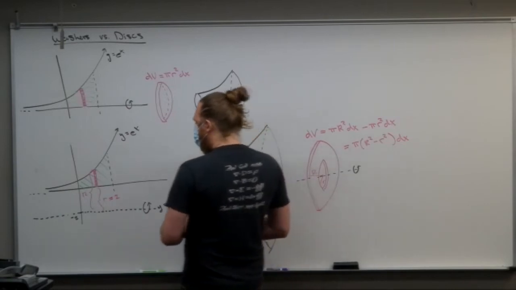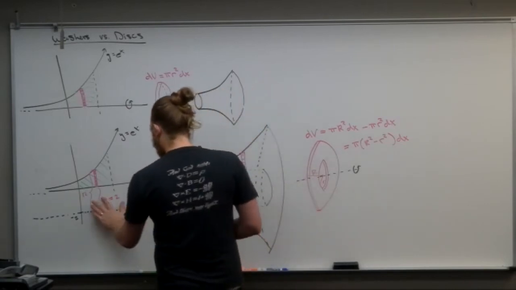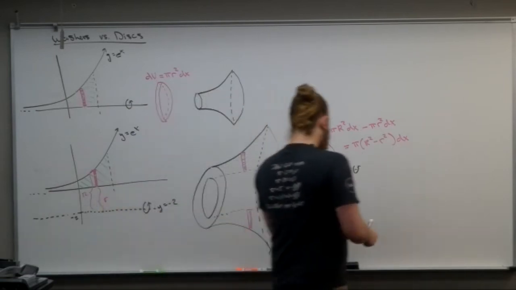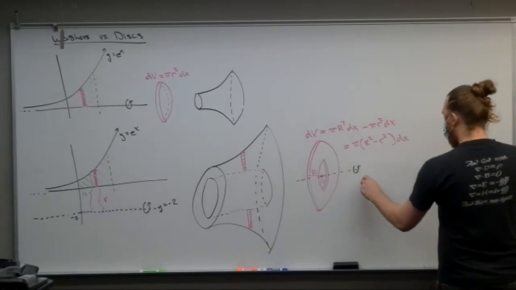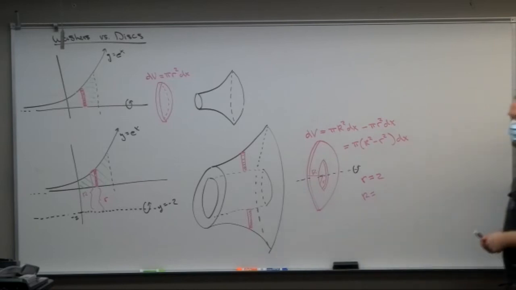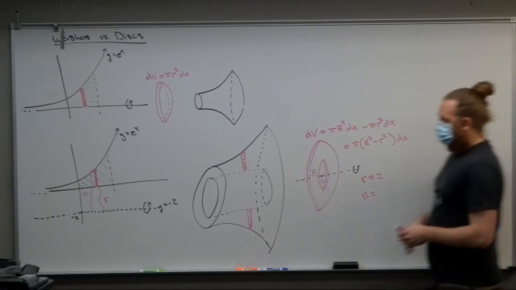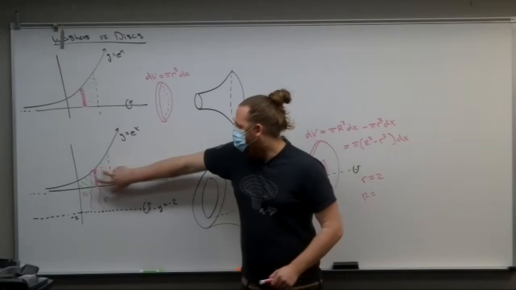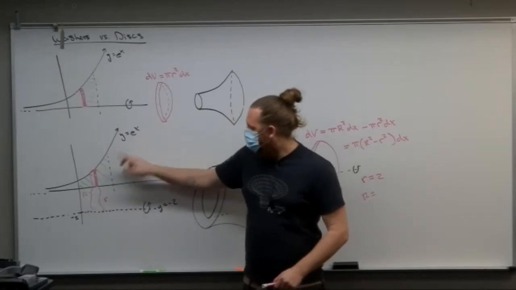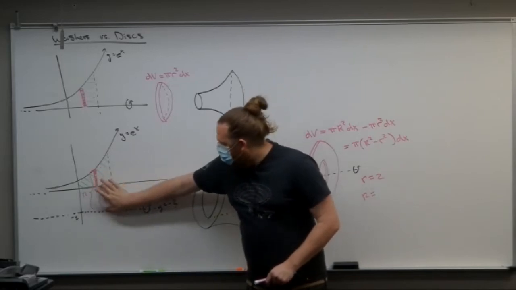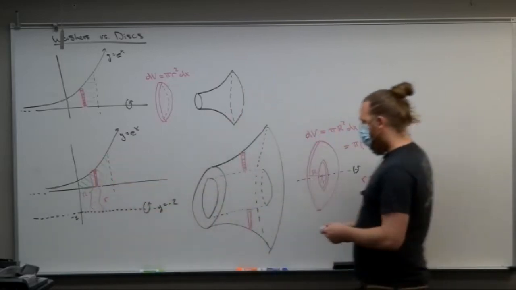Okay, what is big R? So little r in this case is 2. Big R in this case is what? I know that this vertical distance here is e to the x. It's the y value on this curve, y is e to the x. I know that this distance here is 2. So the total distance is 2 plus e to the x.